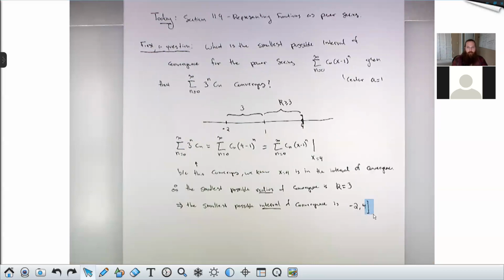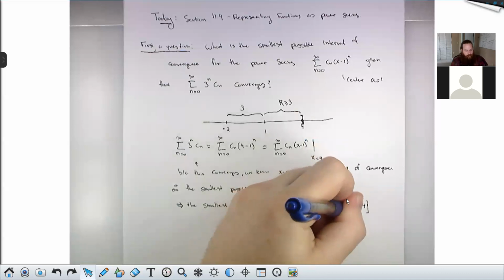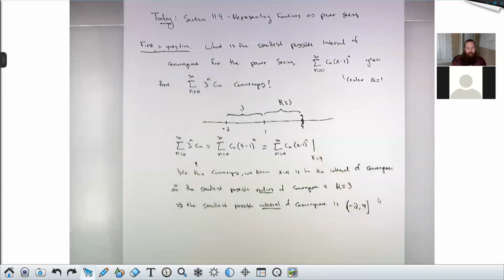I have to include the 4 because I was told that my series converges at 4. I don't necessarily have to include the -2 though. So this is a possible IOC for this series because it is symmetric about the center, and the smallest possible radius of convergence is 3 because I know I can wander to the right 3 and still stay in the IOC.